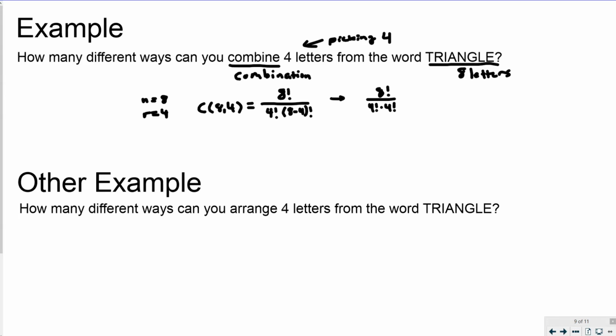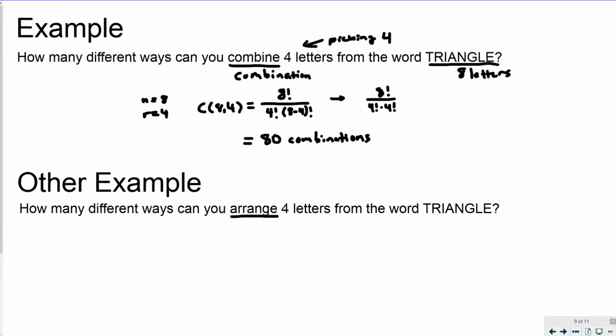And running that through the calculator, I would get that there are 80 combinations. So there's 80 different ways that I can combine 4 of the letters from triangle in some unique way.